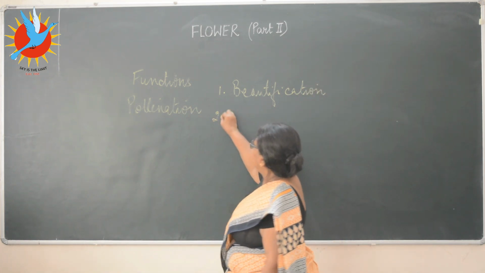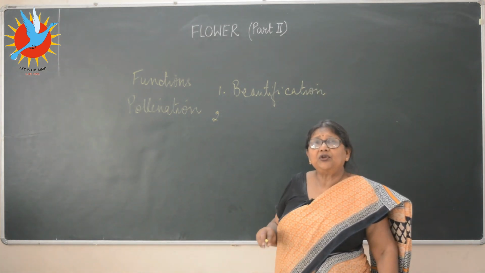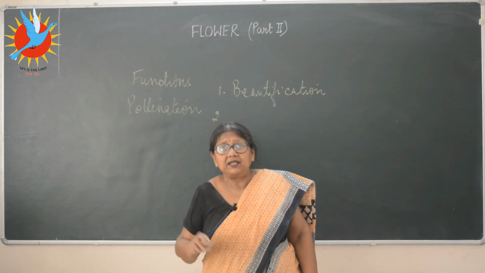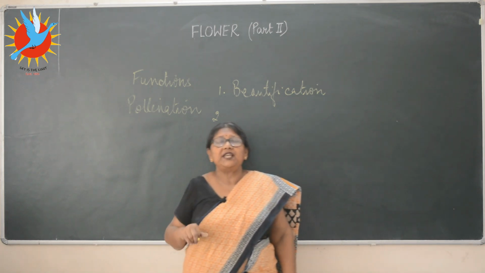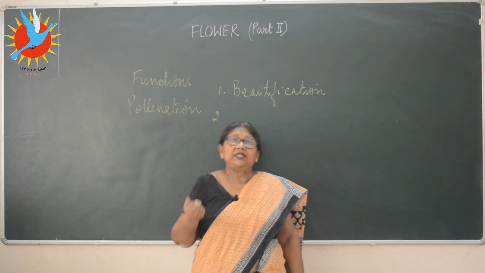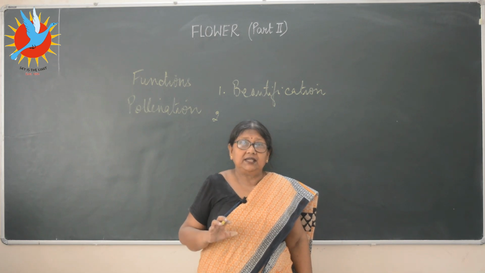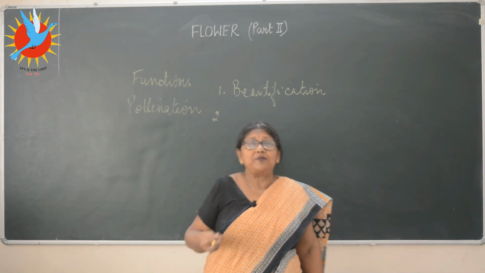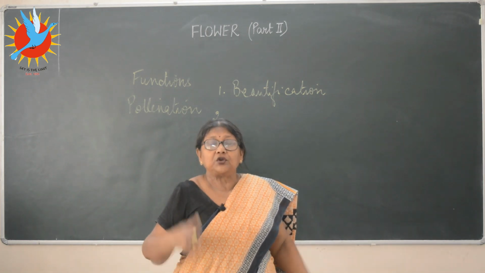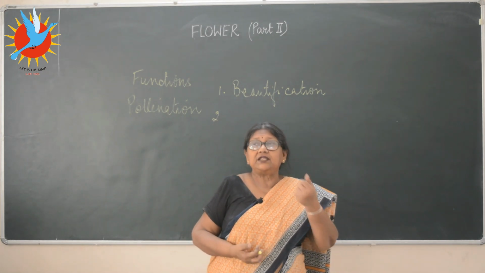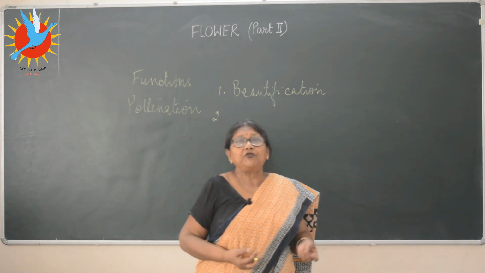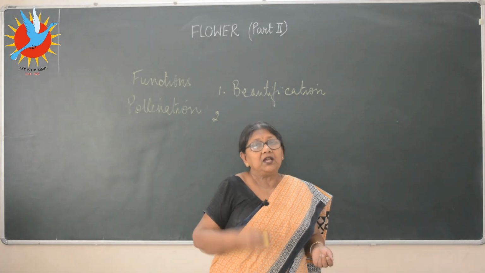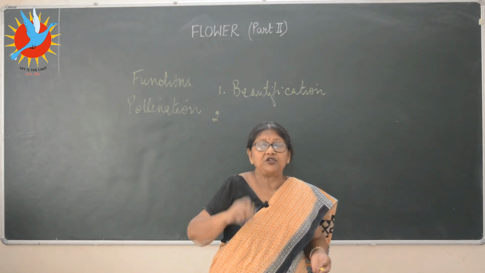The second one, for the pollination, they form the seeds. From where the seeds are formed, they form the fruits. So we get all the fruits. We are eating different types of fruits. All the fruits are formed from the flower, from a particular part of the flower we are going to learn now.